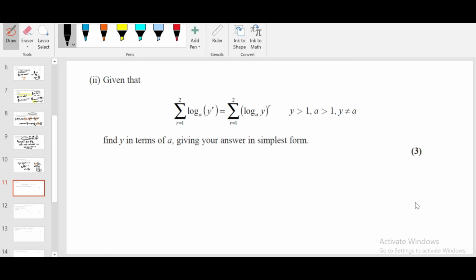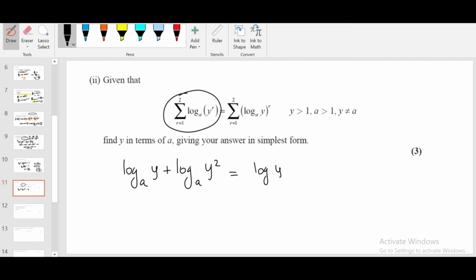Okay, so what I'm going to do now is write out every term here. Replace r by 1, so you will get (log y to the base a) power 1, plus, with r equal to 2, you will get (log y to the base a) power 2, is equal to. Do the same thing here: log y to the power 1 plus log y to the power 2.